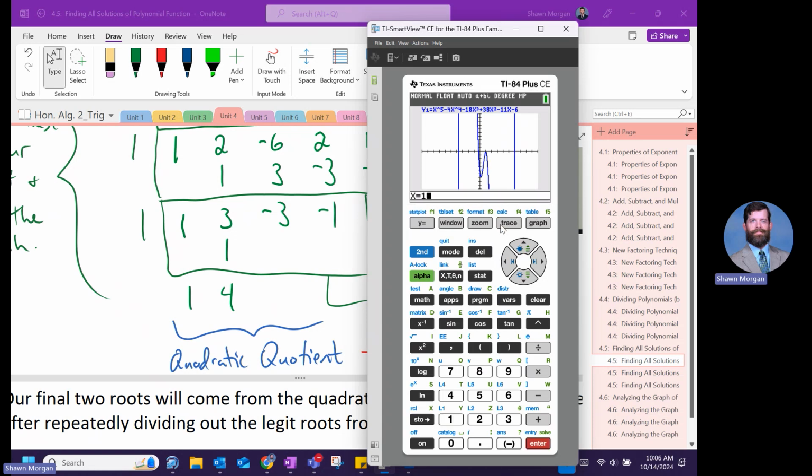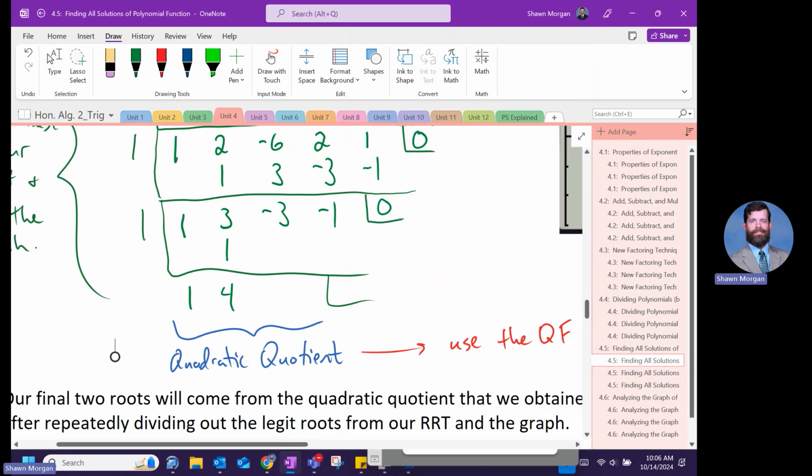And then trace 1, enter, and say, yep, that's a root. Now to find the resulting quadratic coefficient, because the other 2 are going to be irrational, I've got to cull out 6, 1, and 1 and be left with my quadratic for the other 2. It's 1 4 1, and then it's also 1 4 1 0 on the bottom.